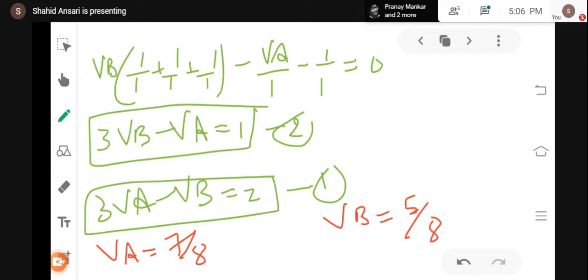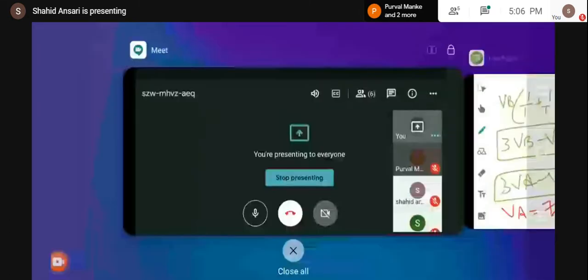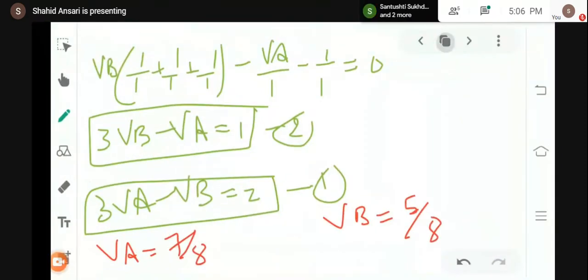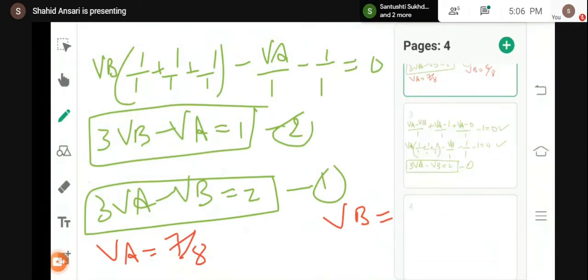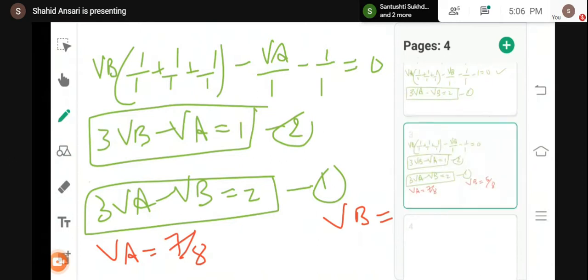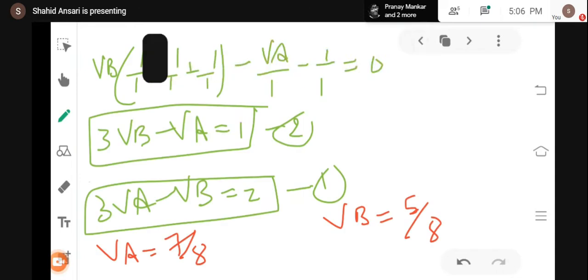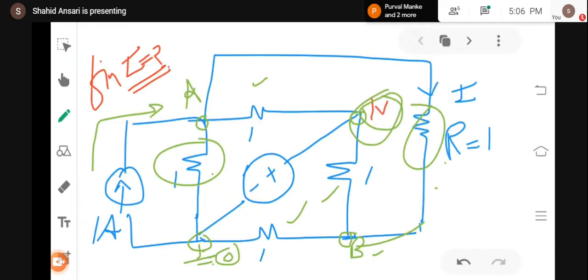Is it correct, rest of the students? Let's consider this as correct. Now we need to find the value of current I. Current I is the current flowing through this particular branch, from A towards B. This current will be VA minus VB divided by 1.